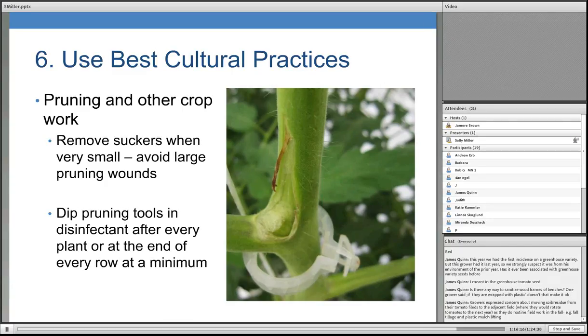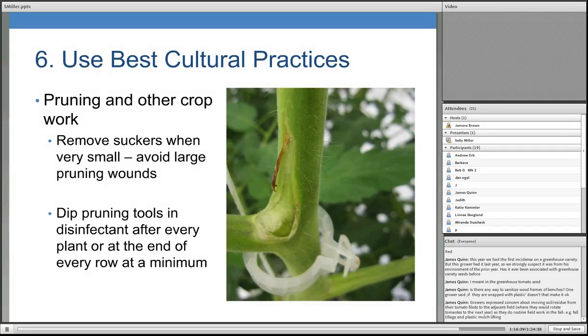And then if there are pruning tools, there are some tools available that I can provide information on if anybody is interested. They're expensive, but they deliver disinfectant right to the cutting surface every time you squeeze the clippers. And these are great. They work really well. But again, they are a little bit of trouble because you have to fill them up with disinfectant every once in a while.